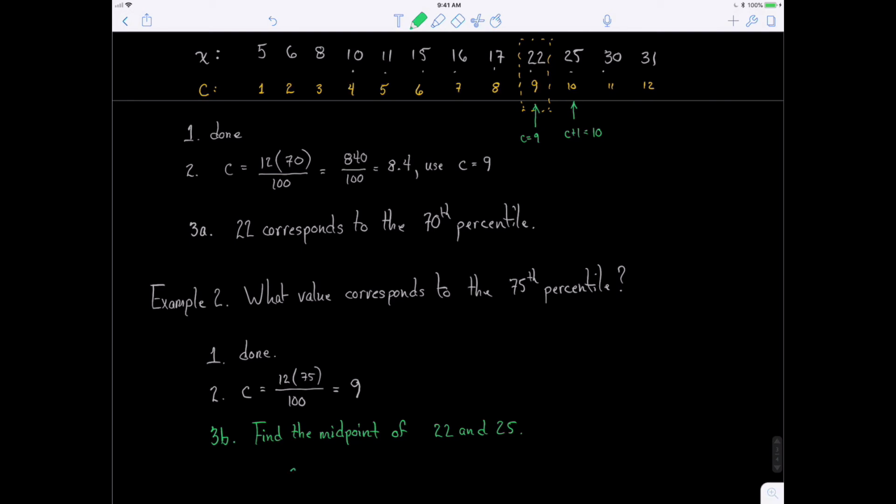That gives me 22 plus 25 in parentheses, divided by 2. That's 47 divided by 2, which gives us a value of 23.5. And so we would conclude by saying 23.5 corresponds to the 75th percentile.